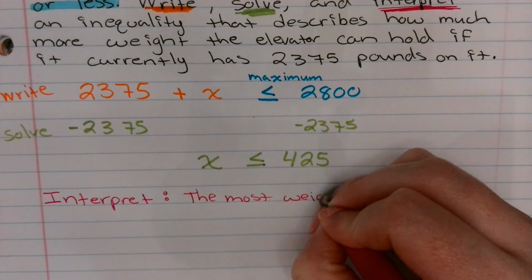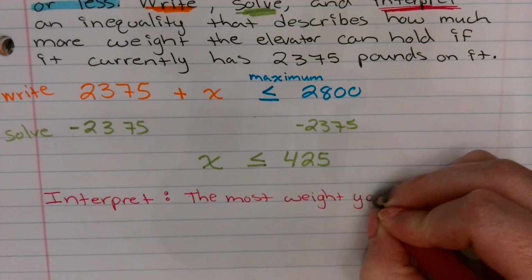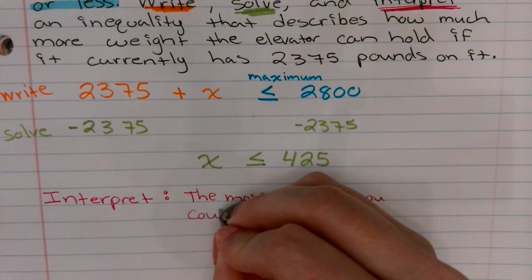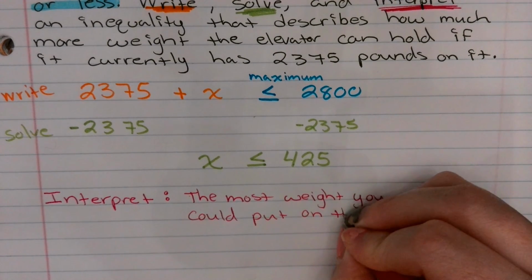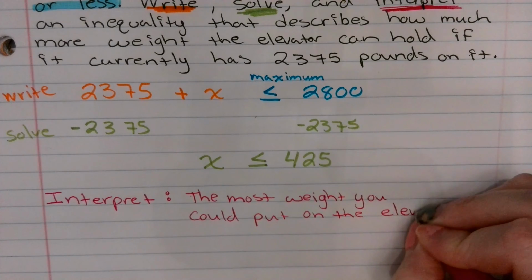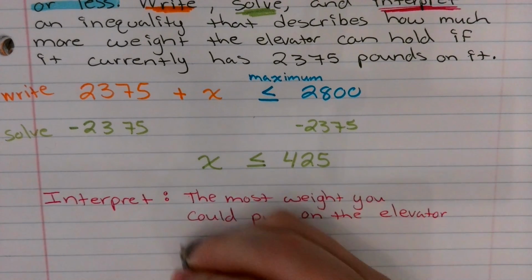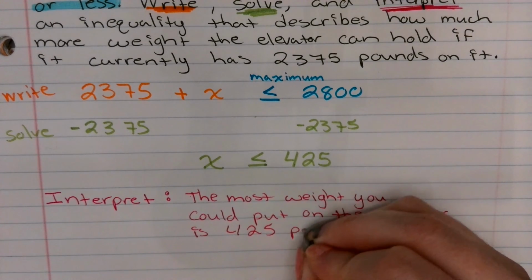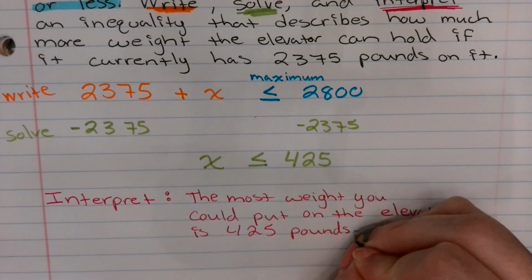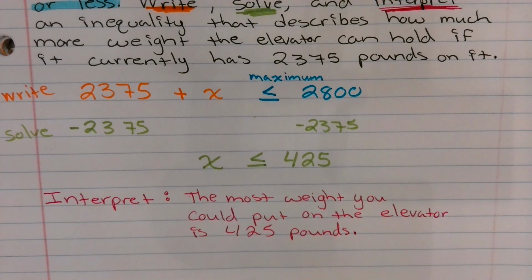The most weight you could put on the elevator is 425 pounds. Okay, if you go over that amount, then you're going to be exceeding the limitation that it's provided.